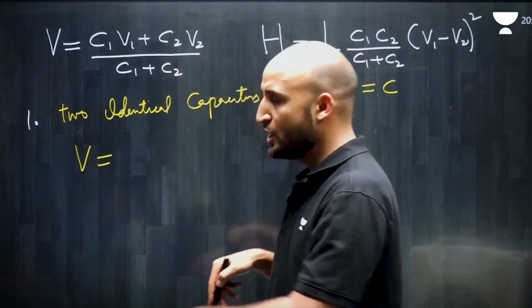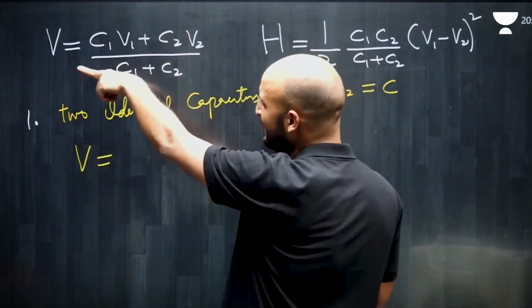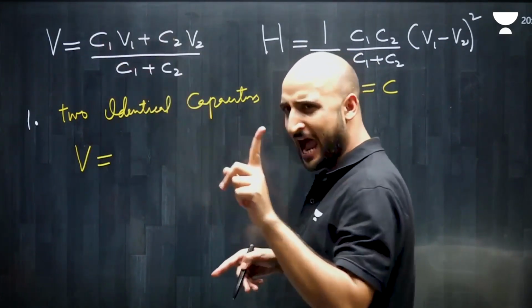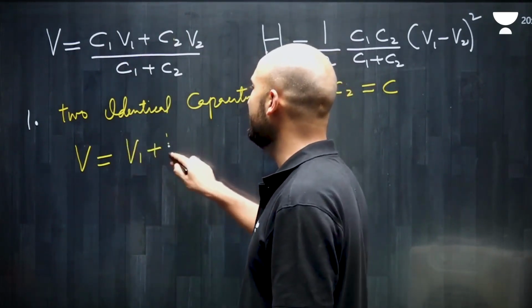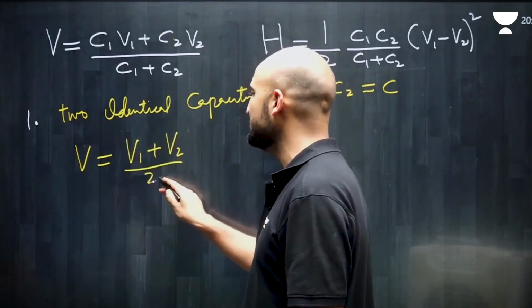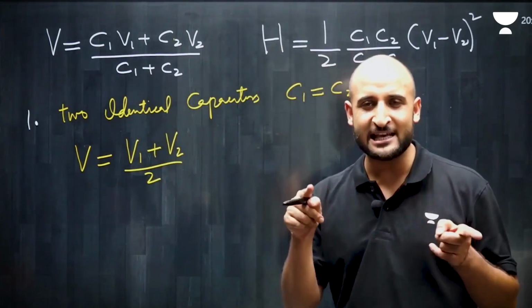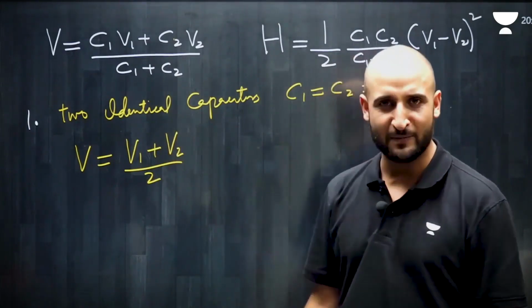C1 is C, C2 is C, so C plus C is twice C, and C and C will go. The common potential will be simply V1 plus V2 divided by 2.